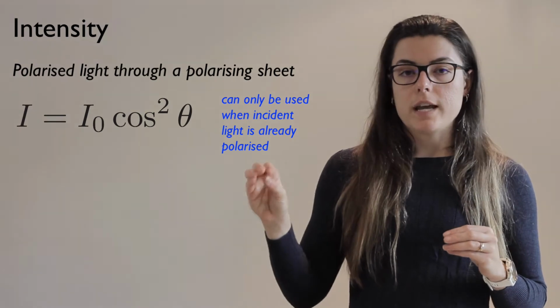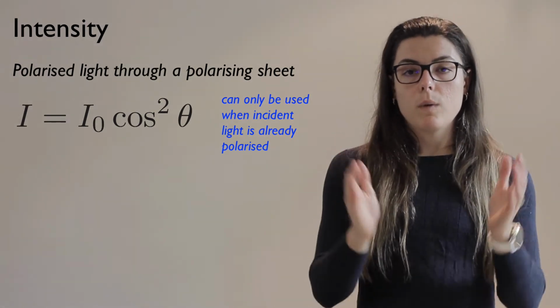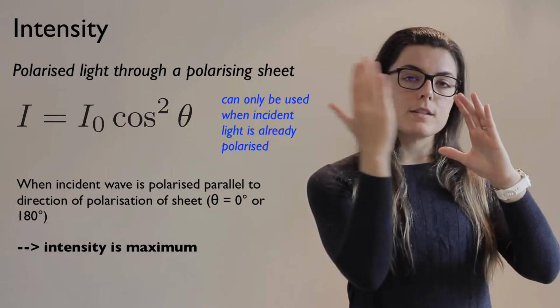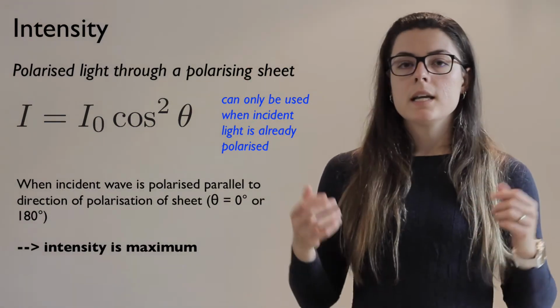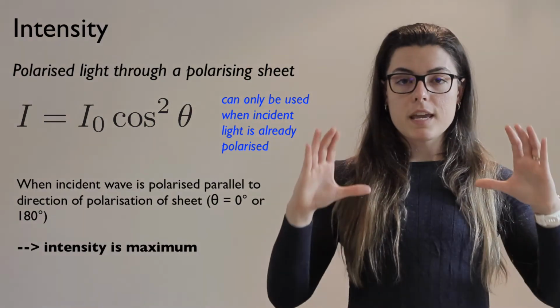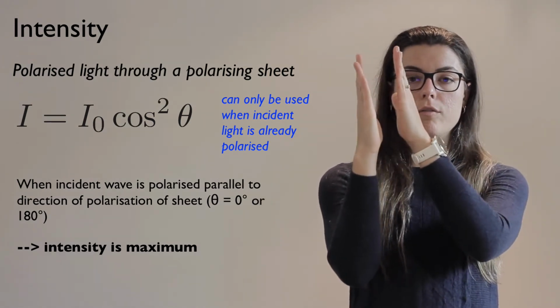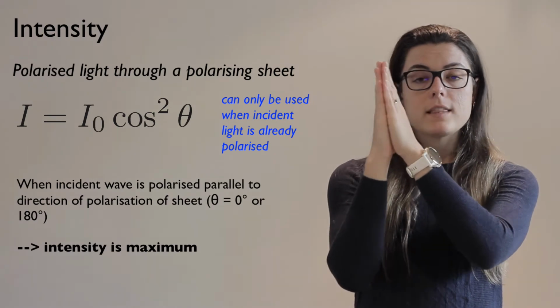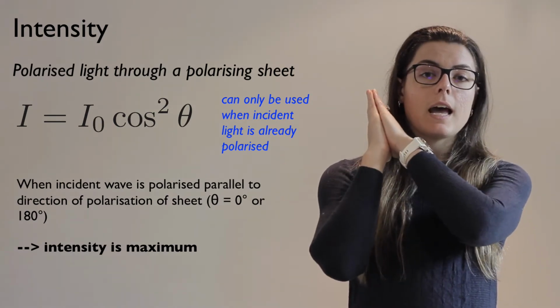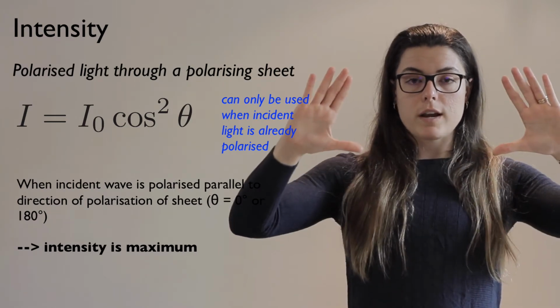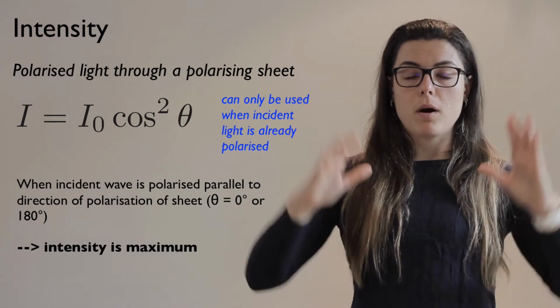What happens when we change the value of theta? Well, we can see that the intensity that passes through a polarizing sheet is going to be maximum when theta, the angle between the direction of polarization of the light coming in, is 0 degrees or 180 degrees to the direction of polarization of the polarizing sheet.